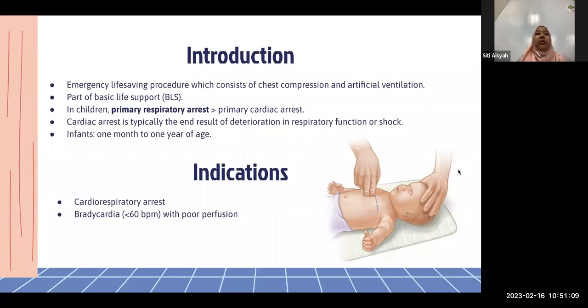Cardiac arrest is typically the end result of deterioration in respiratory function or shock. For infant, the age is from 1 month to 1 year of age. The indication to do CPR in infant is when there is cardiorespiratory arrest, as well as when there is bradycardia, which is a heart rate less than 60 beats per minute with poor perfusion.